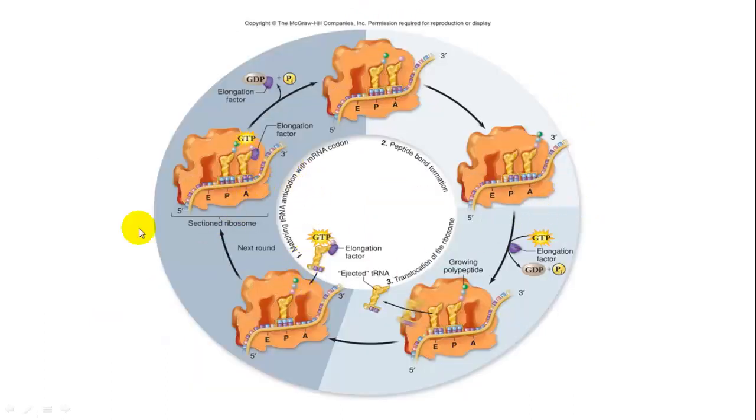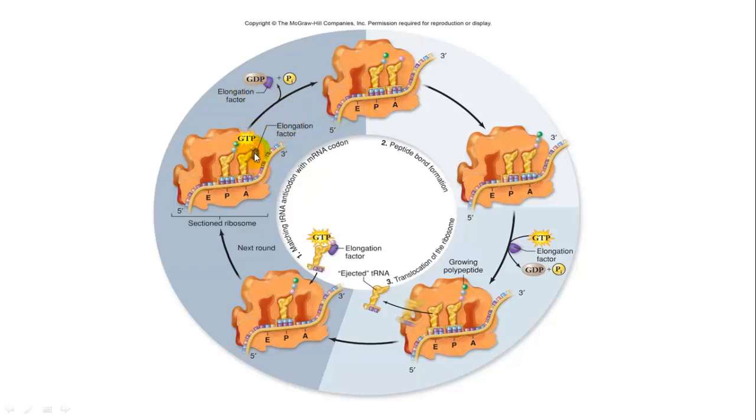So if we start here, we have this double chain with a GTP, which can be used for energy. It then moves.